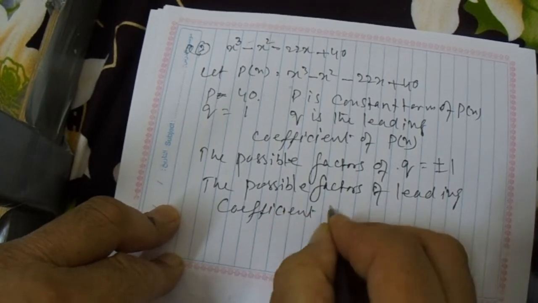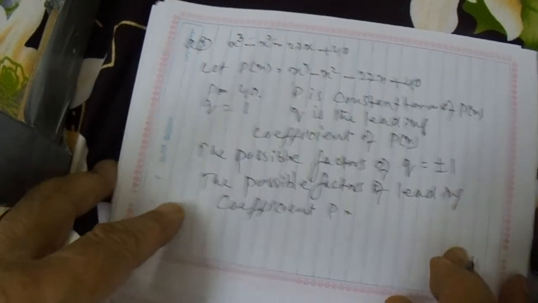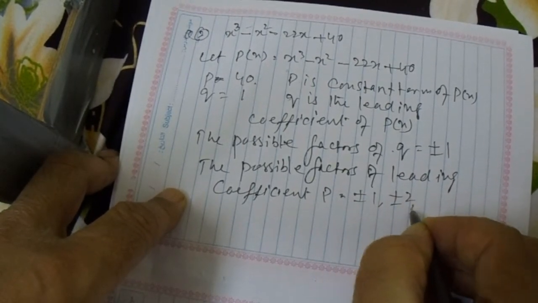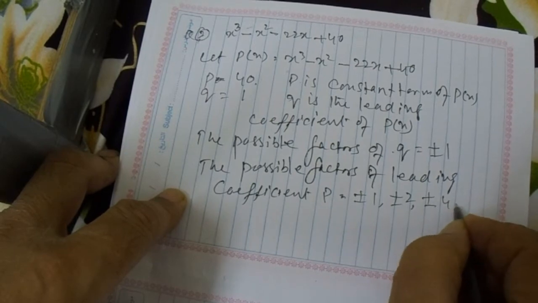Coefficient of p is ±1, ±2, ±4 and so on.